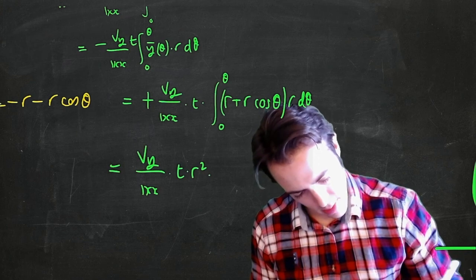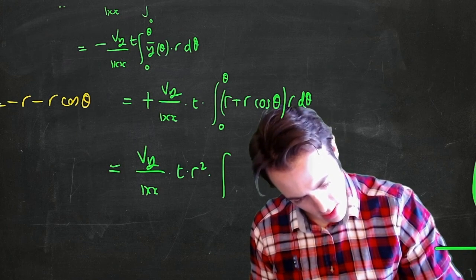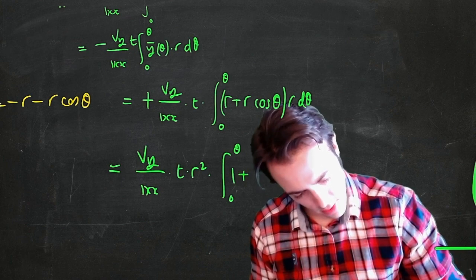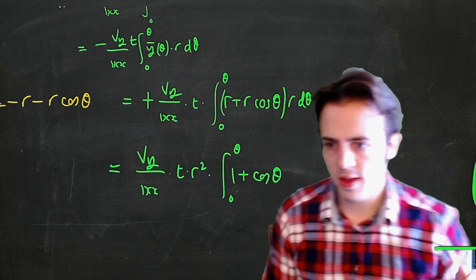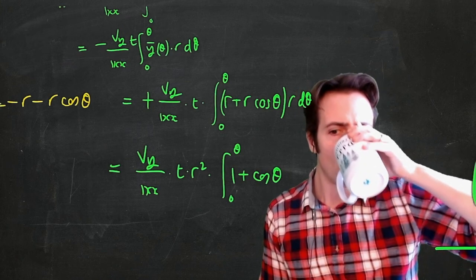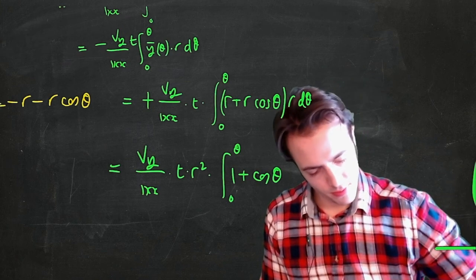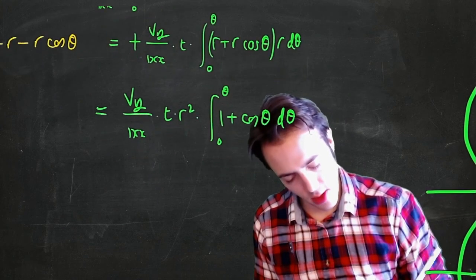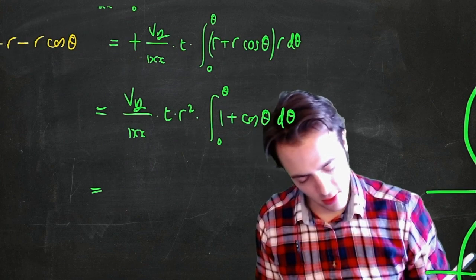And then it's going to be the integral theta to 0 of 1 plus cosine theta d theta. Okay, so then I can do this integral nice and easy.